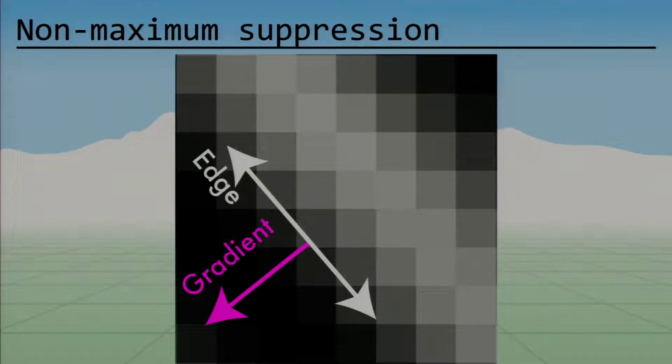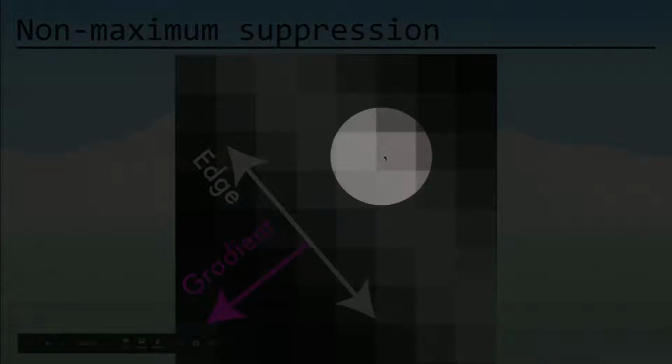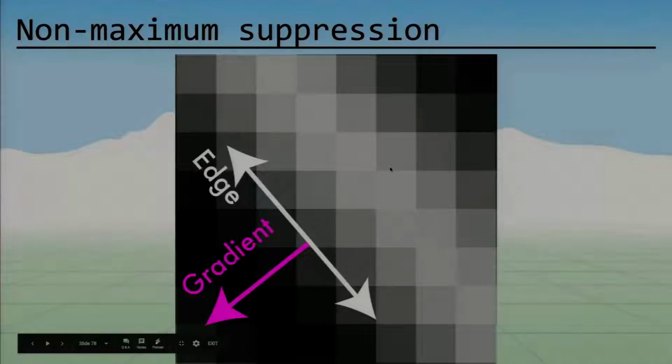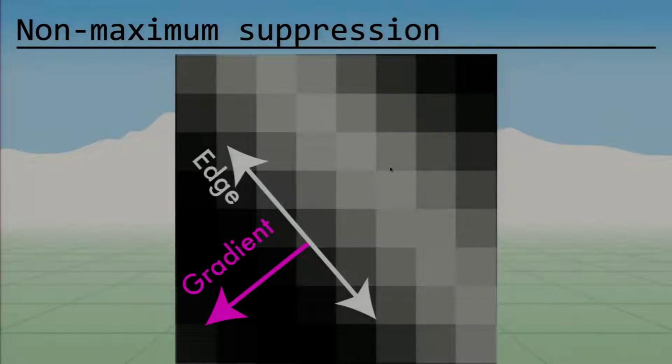The gradient might be pointing in this direction or in the opposite direction. But in general, they're all along this edge, so they're going to have a similar component of their gradient. And from that gradient, we know that the edge runs perpendicular to the estimate of that gradient.